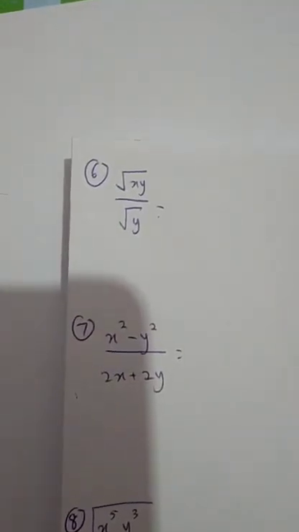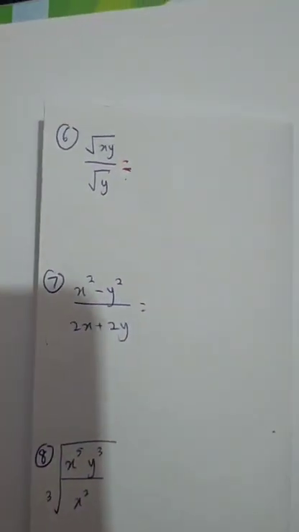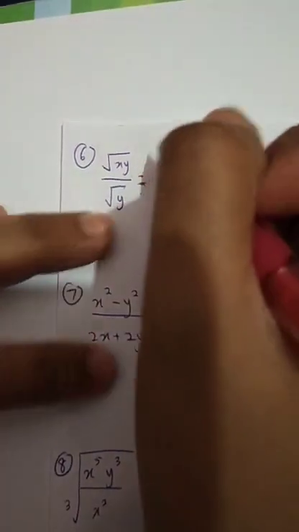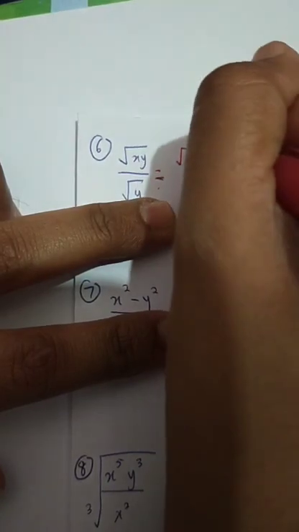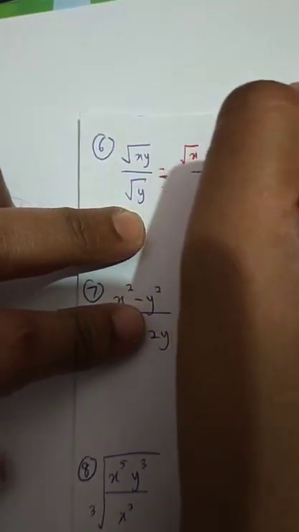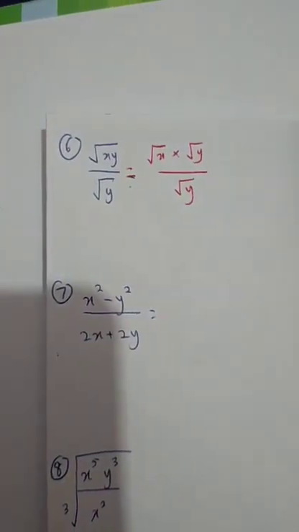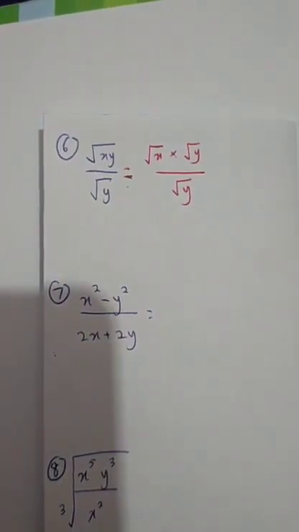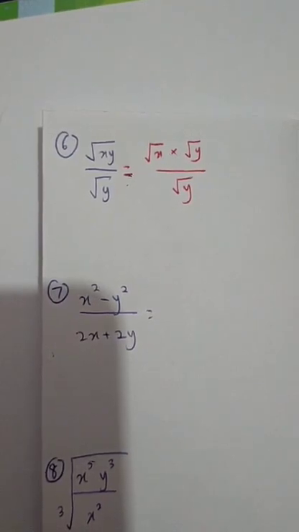Okay, next, example number 6. We have square root of xy over square root of y. So this is equal to, I know that I can separate this one: square root of x times square root of y, over square root of y. Some students will cancel whenever they see the same term, so you will tend to cancel it.